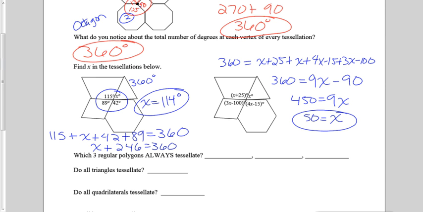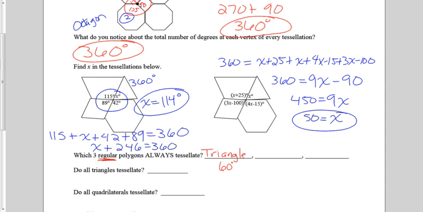Okay, so we have 3 regular polygons that are always going to tessellate the plane every single time. The first one we tried that worked is a triangle, and again, each interior angle is 60 degrees, and that divides evenly into 360.